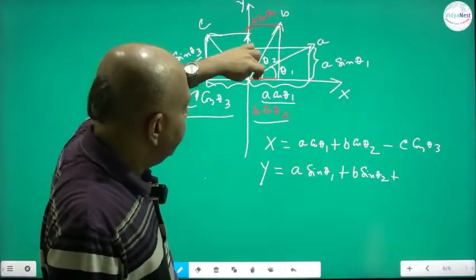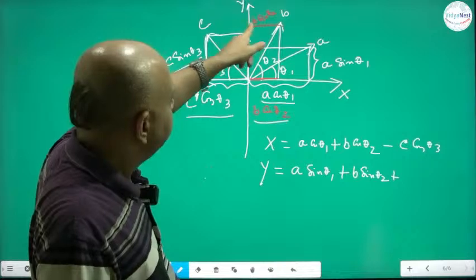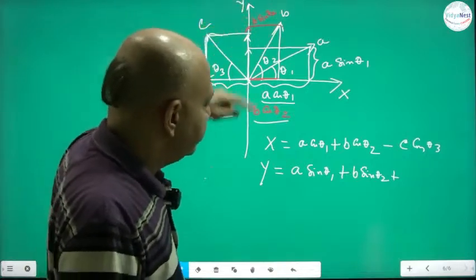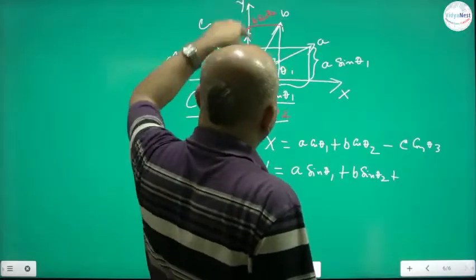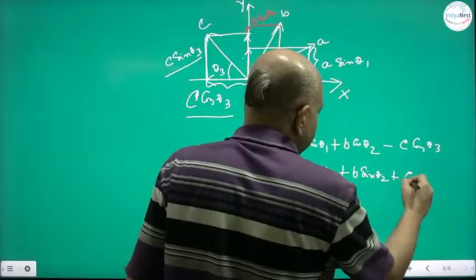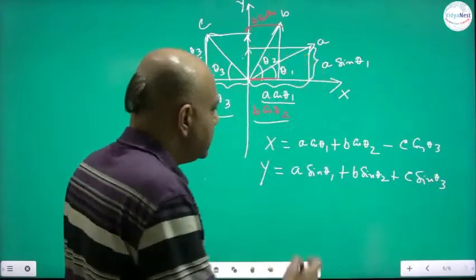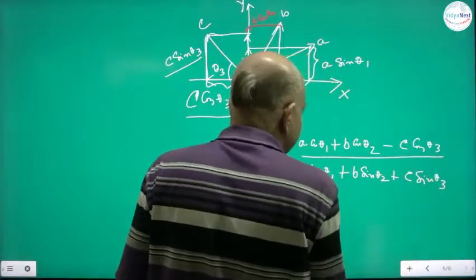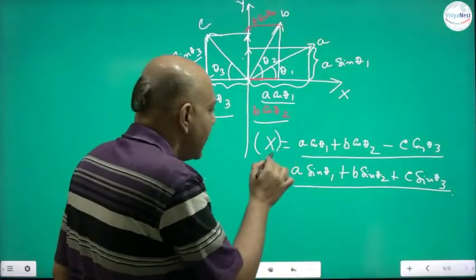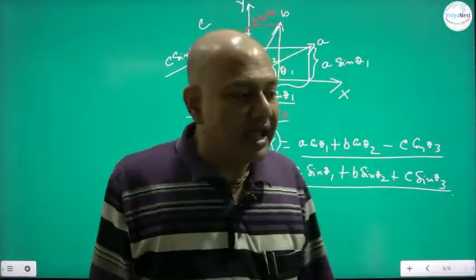You can see A has component A sin theta 1 upward, B has component B sin theta 2 upward, and C has a component C sin theta 3 upward. Each one is in the positive y direction, so it should be added. So if I do the addition and subtraction of all these, I will get the total x component and total y component along the x-axis and y-axis.